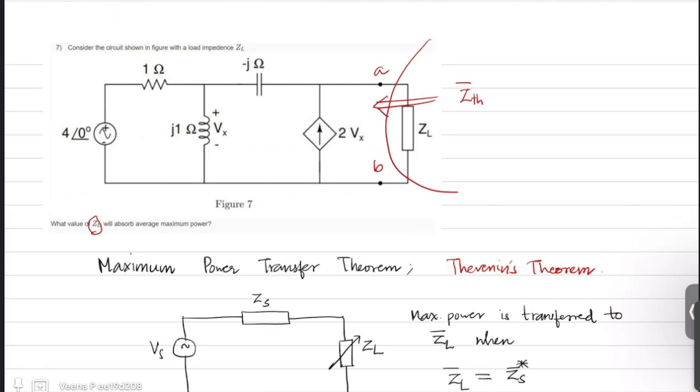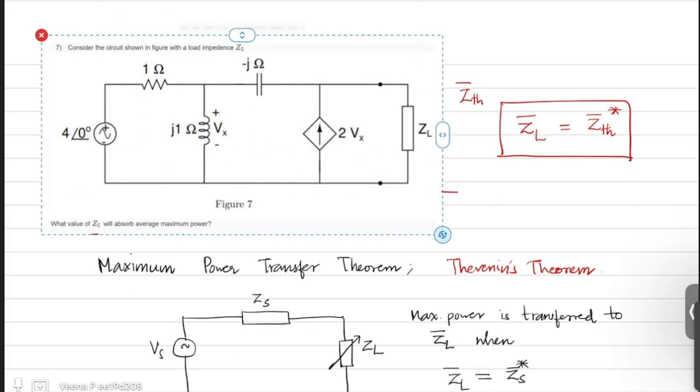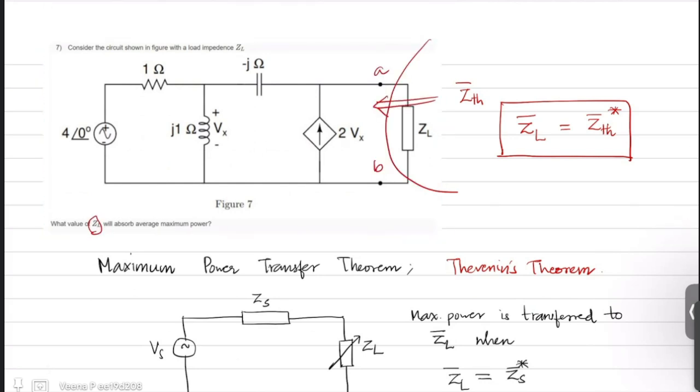Once you get the Thevenin equivalent impedance, then the condition for maximum power transfer to occur is when your load impedance is same as the conjugate of the Thevenin's impedance. So this maximum power transfer theorem problem got converted to a Thevenin theorem problem. Now let us see how to find the Thevenin equivalent impedance of this circuit.